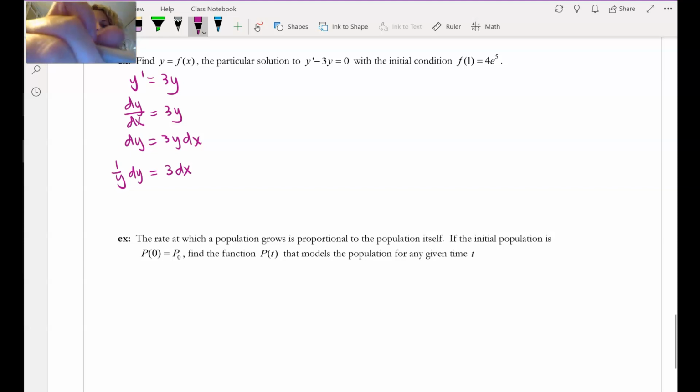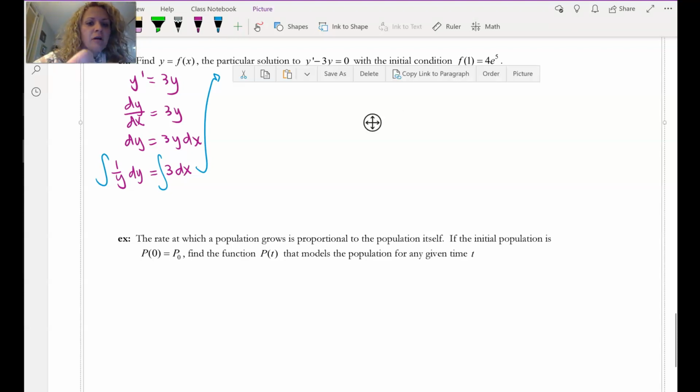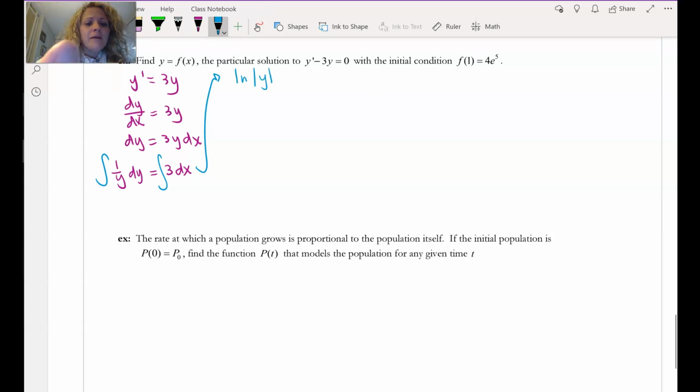The second step is to integrate. I'm going to try to change pen color. I'm having technical difficulties. All right, so from this step, if we integrate, when we integrate 1 over y dy, we know that that's going to be the natural log of the absolute value of y.